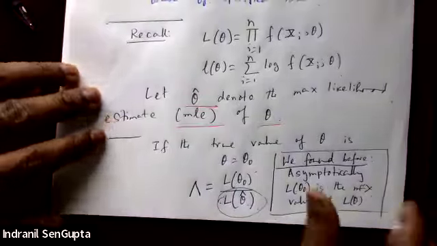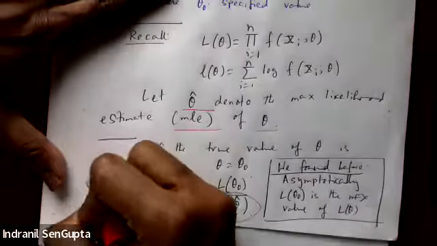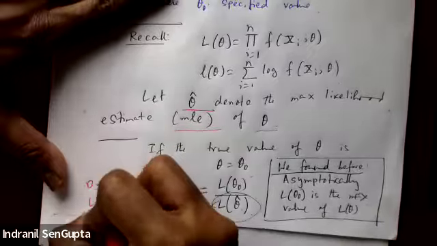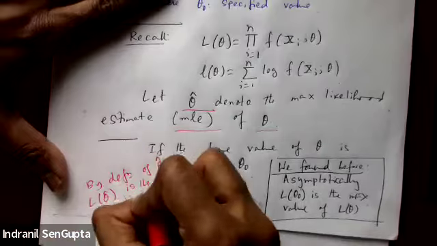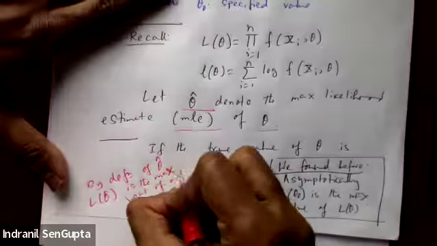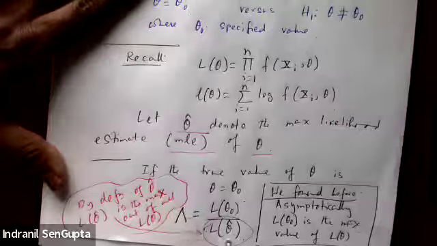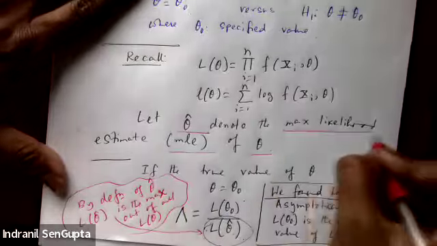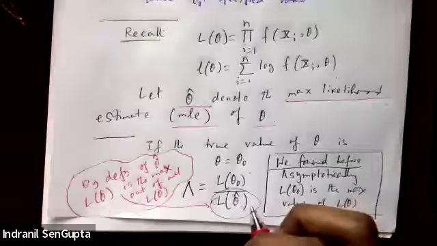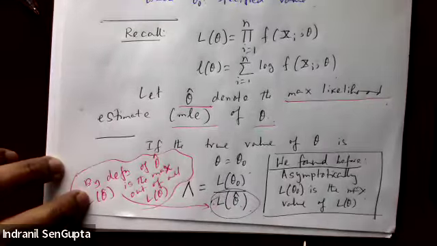So L(theta hat) is the max out of all L(theta). That's how we define theta hat. So that means its denominator is always more than its numerator, so this quantity is less than 1 for sure.